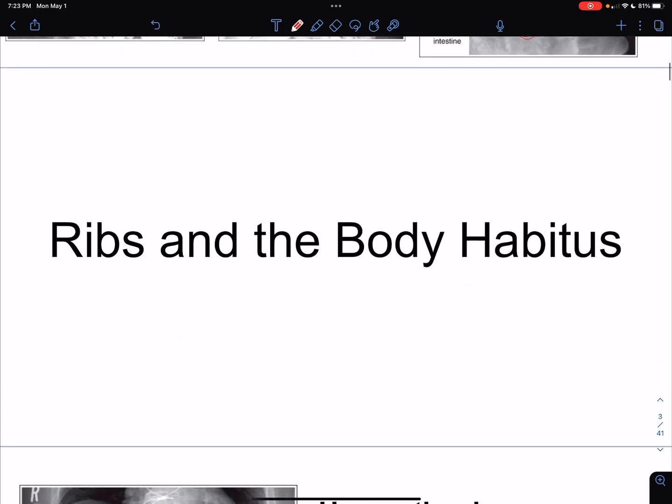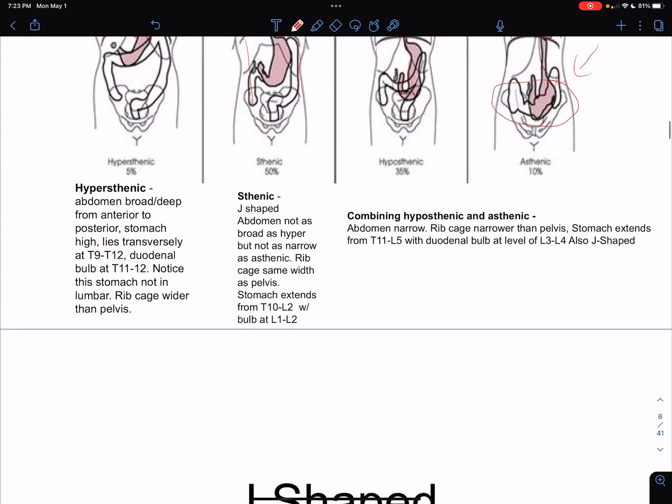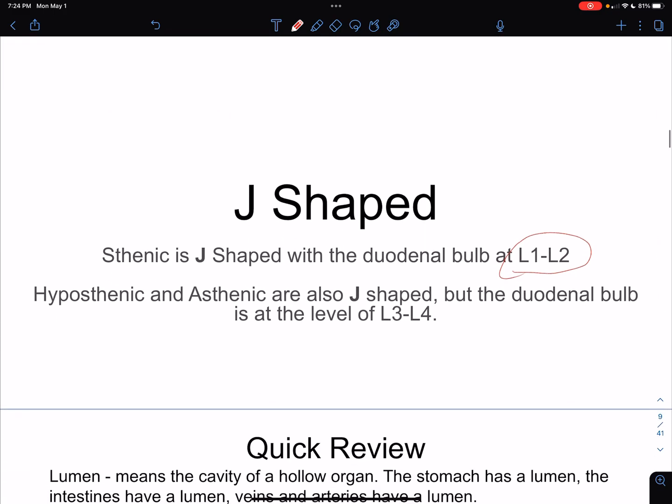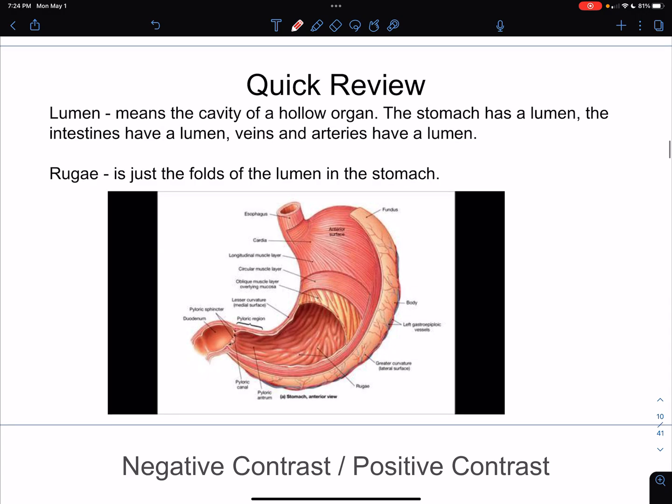I don't know why the book says that. But anyways, I consider asthenic and hyposthenic more of our J shape. Just know that on a sthenic patient, the duodenal bulb is at the level of L1 and L2. And the hyposthenic and asthenic are going to be much lower, at the level of L3 and L4. It's always important that we know where the duodenal bulb is located for the different body habitus.